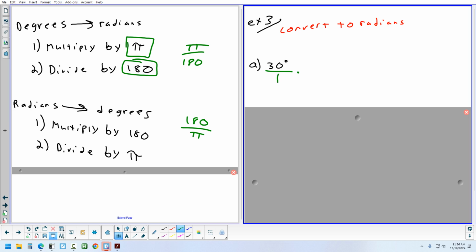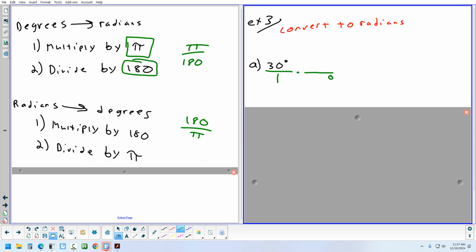Now, let's think about what we need to multiply by. We are trying to convert to radians. We want degrees to cancel. Where is degrees in the first fraction? It's in the numerator. To cancel out something that's in the numerator, we would have to put something in the denominator. So degrees is going to go in the bottom.